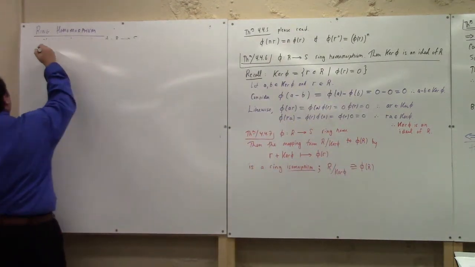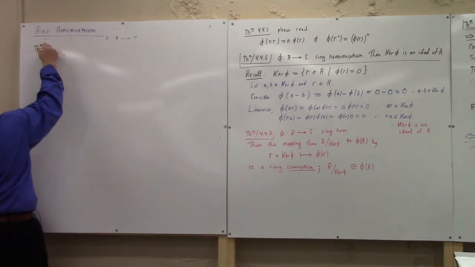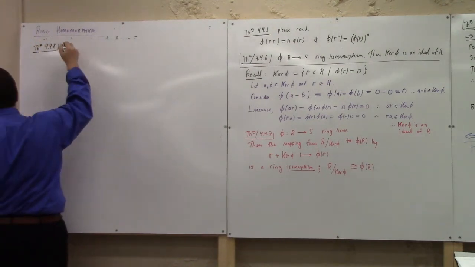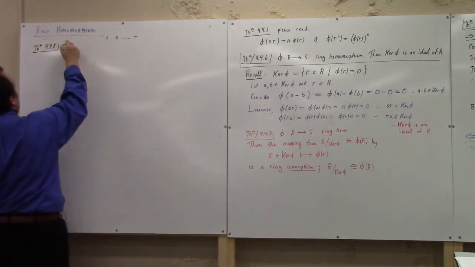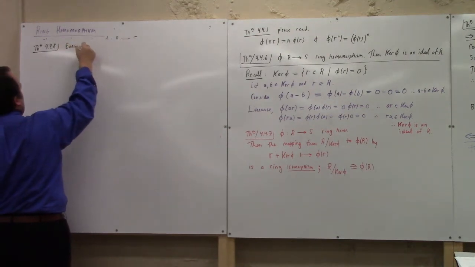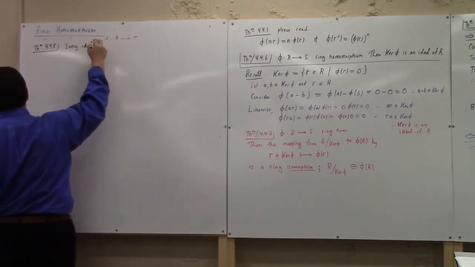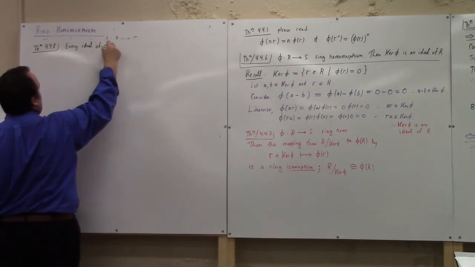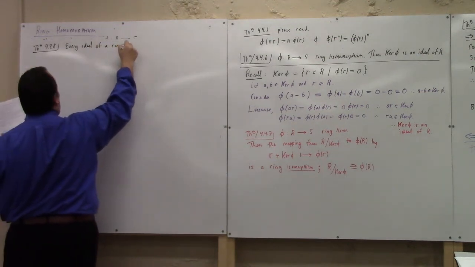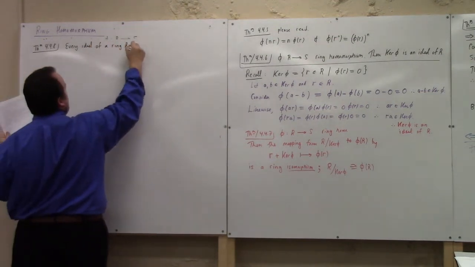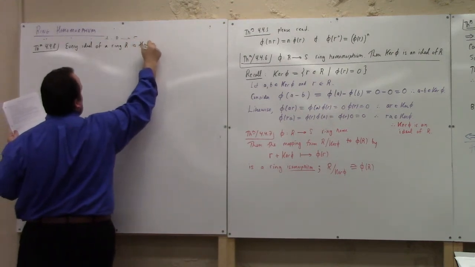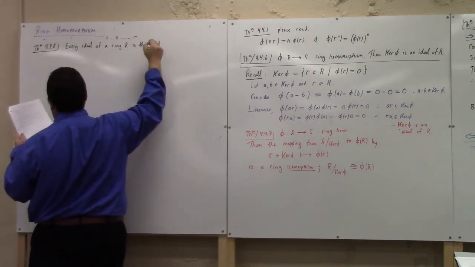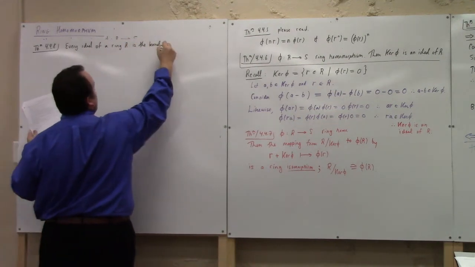Theorem 4.48 says that every ideal of a ring R is the kernel of a ring homomorphism.